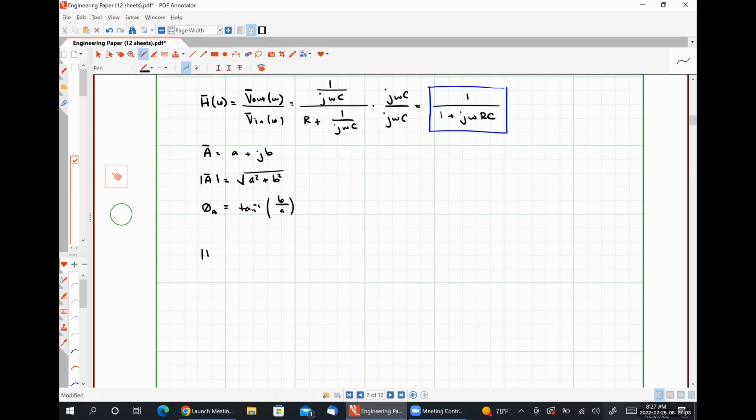Here we have H of omega is equal to 1 over 1 plus j omega RC. To split this up into real and imaginary parts, I'm going to multiply this ratio by the complex conjugate of the denominator over the complex conjugate of the denominator.